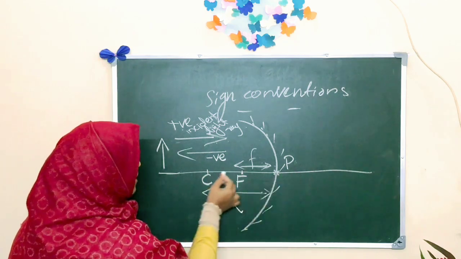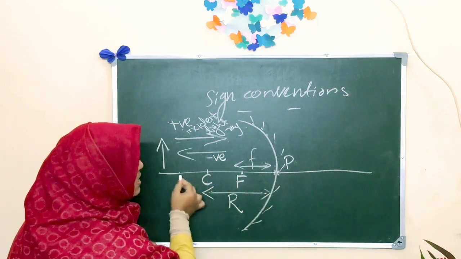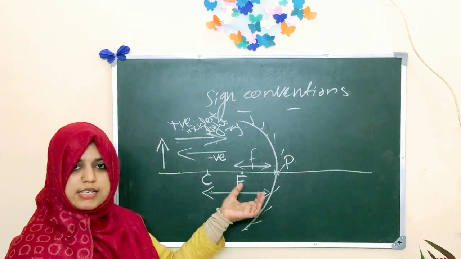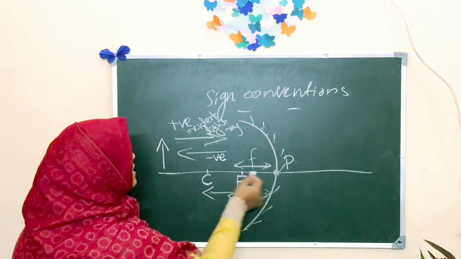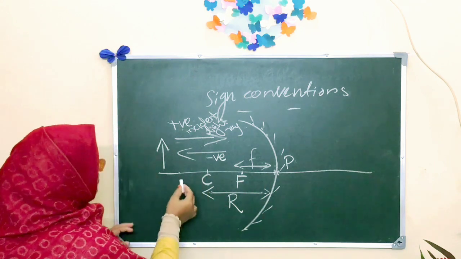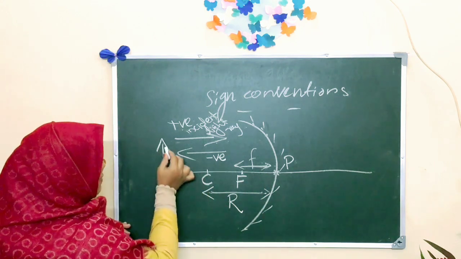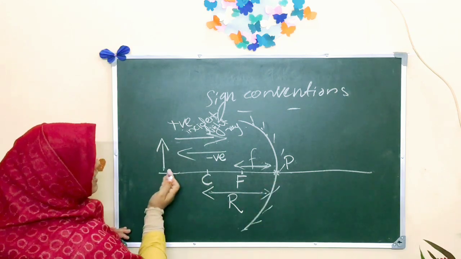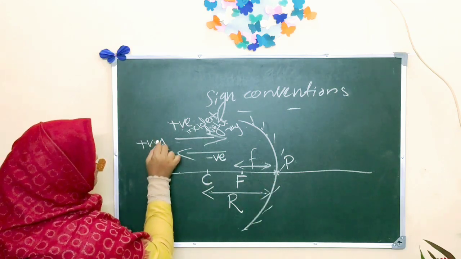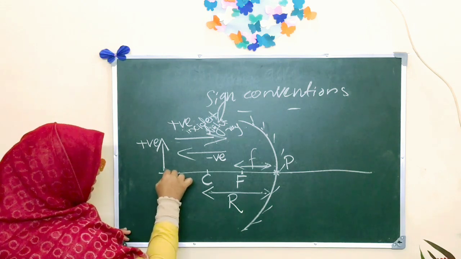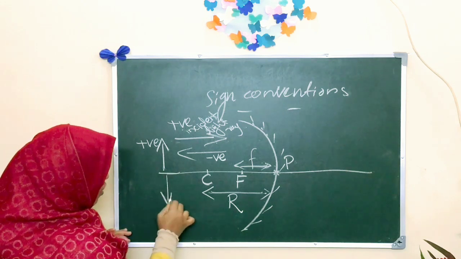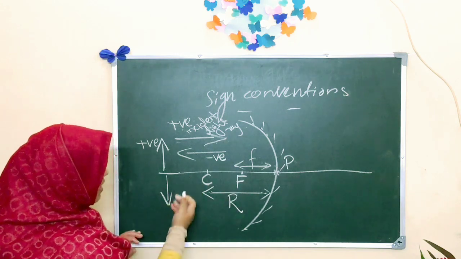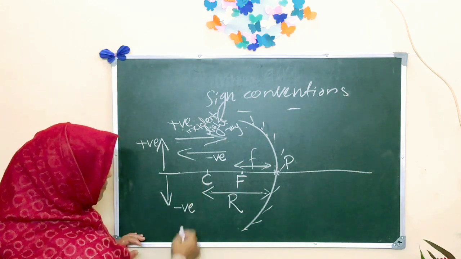This line is the principal axis; we already understood in part 2 that this line is the principal axis. The upward heights perpendicular to the principal axis are taken as positive, and the downward heights or downward distances perpendicular to the principal axis are taken as negative.